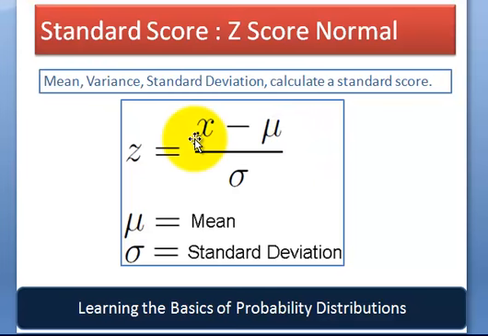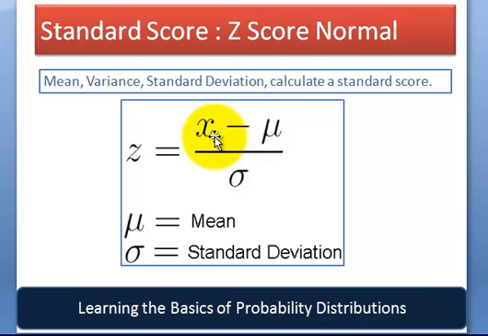So if I got a 70 on a test score, how far away from the mean is that? If the mean is 80, I'm negative 10 away. And I divide by the standard deviation, which standardizes my score. Basically it tells me how many standard deviations to the left or the right my score is.